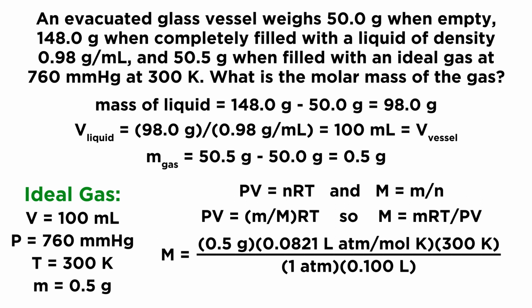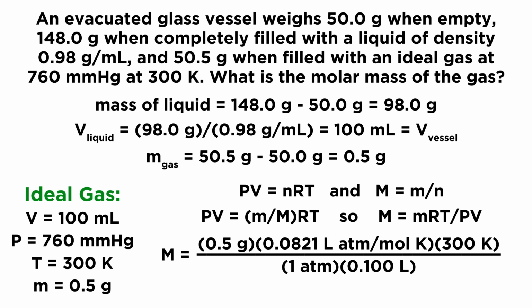Then we just plug in what we know. So for mass, we know we have 0.5 grams of the gas. Then we have the gas constant, which as always is 0.0821 liters atmospheres per mole Kelvin in this kind of context. And then for T, we have 300 Kelvin, that's given to us. And then for pressure, let's be sure to convert this into atmospheres because we have atmospheres in our gas constant.